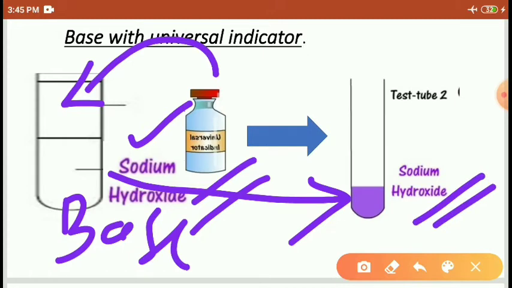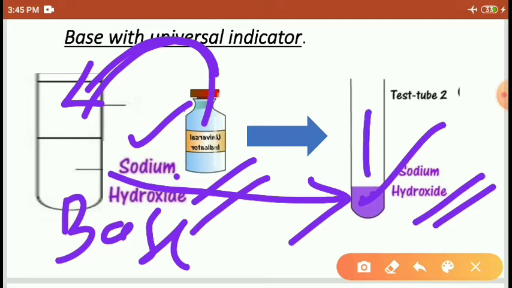This color you may match with the pH scale. The violet color exists at pH 14. The pH 14 is a strong basic nature. So violet indicates it is a strong basic nature.